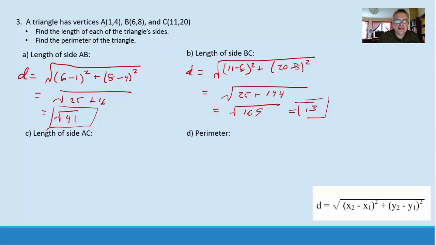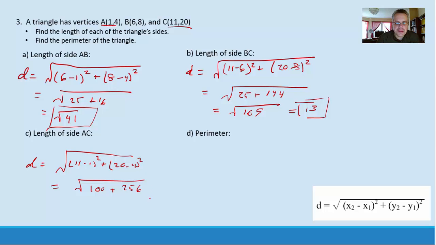All right, A and C, that's the first and the third one. So d equals the square root of 11 minus 1 squared plus 20 minus 4 squared. And so this would be the square root of, that would be 100. And 20 minus 4 is 16, squared is 256.